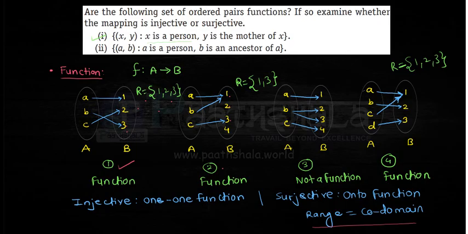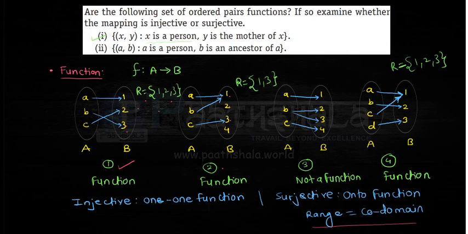It means that for every element x, y is the mother of x. So x is anything, and anything has a mother in codomain. Whatever x is there in the domain has a mother in codomain.